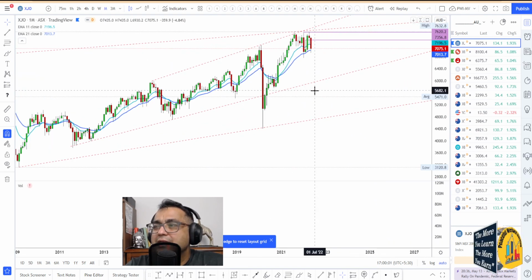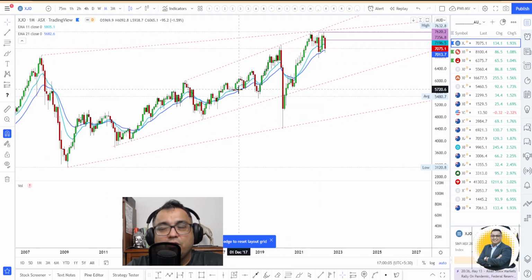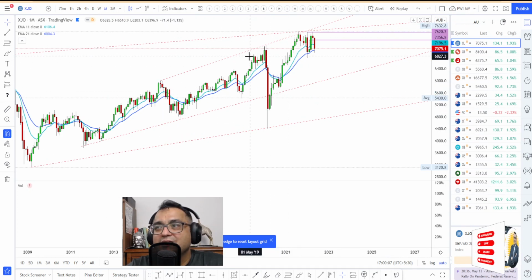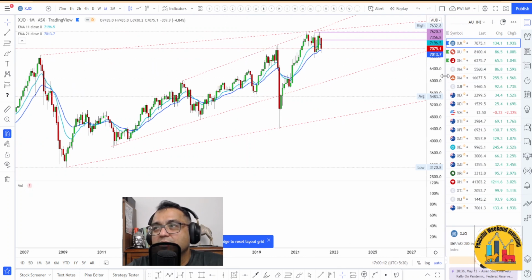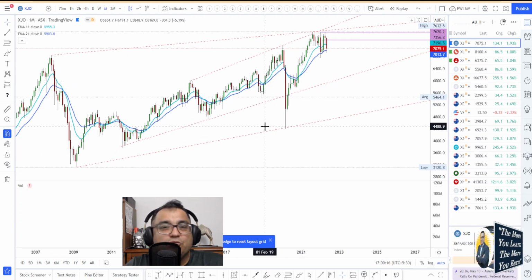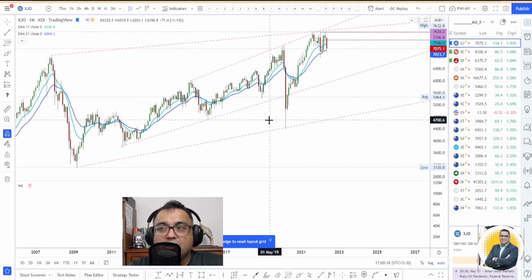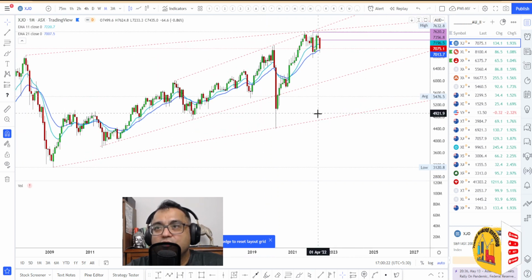So let's look at the index, and don't get really bogged down with all the different lines. These are all just my indicators which I've been tracking on it, oblique lines, trend lines, just to give me some sense of where the market is from a trend line point of view.